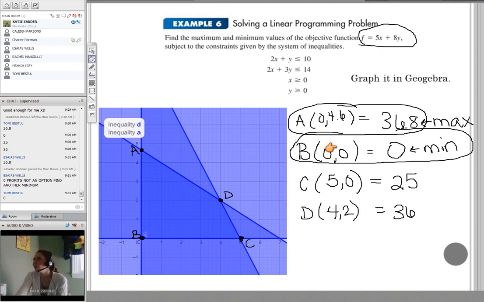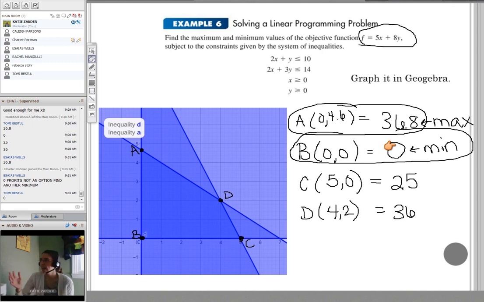Questions with how we graphed that, found the feasible region, used the vertices of the feasible region, and tested those in the objective function to find maximum or minimum values? Because this is the linear programming all kind of in a nutshell here.